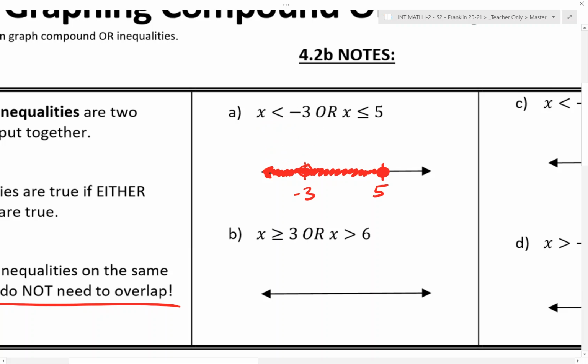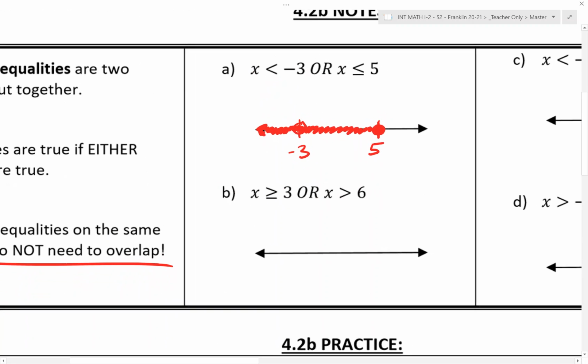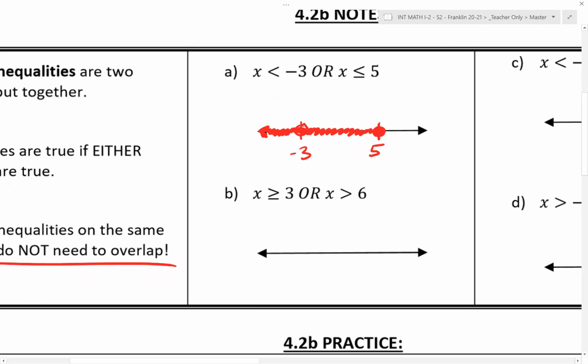All right, let's try example B. x is greater than or equal to 3 or x is greater than 6. You can see this is going to be similar. Greater than or equal to 3, that's going to be a filled in circle at 3, and then shading to the right because that is greater than. And then x is greater than 6.